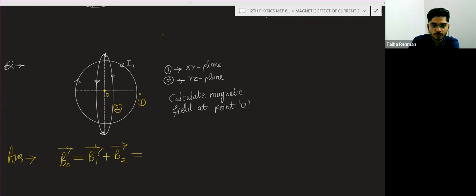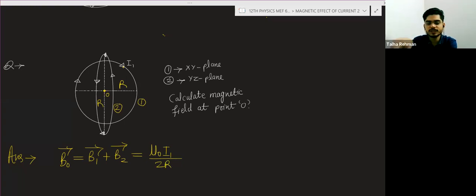This time the current is I1 in this coil, so you will write mu naught I1 divided by 2R. The radius of both the coils here is R.